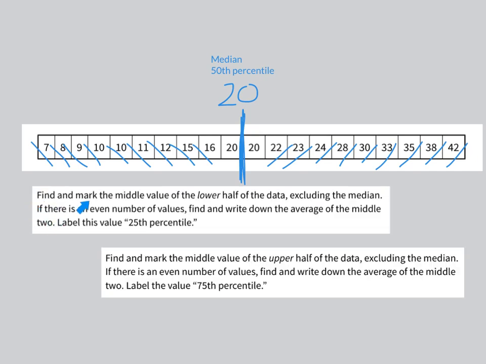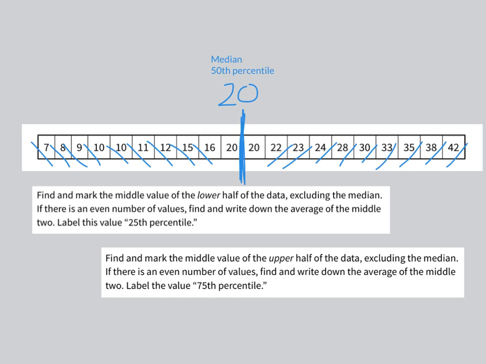Next thing we want to do is find and mark the middle value of the lower half of the data. If there is an even number of values, find and write down the average of the middle 2, and we're going to label this the 25th percentile. So I'm going to find a middle number again of the lower half.